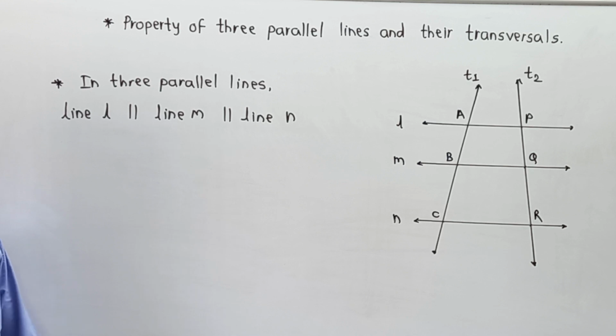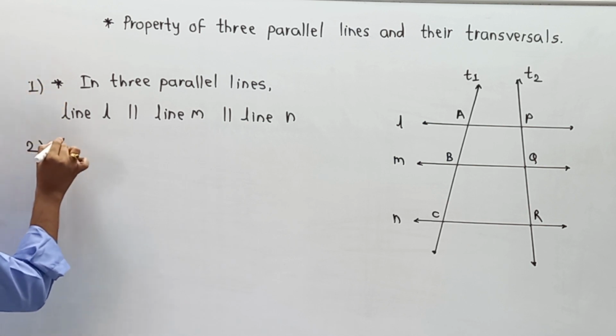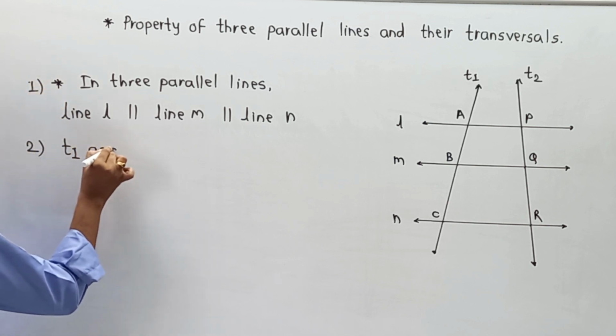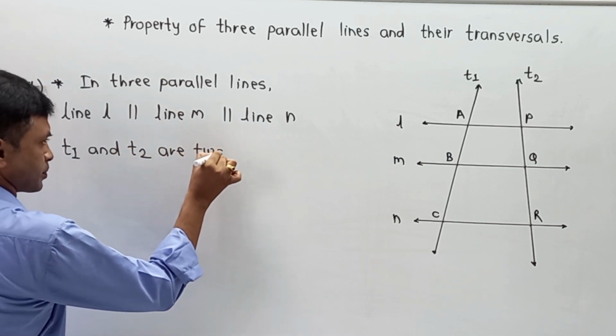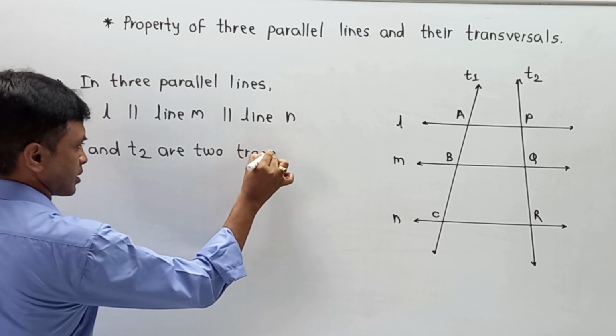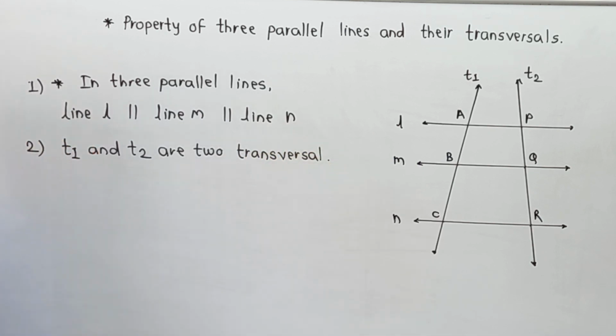Now after that, we know that there are two transversals, T1 and T2. That is also available with us.